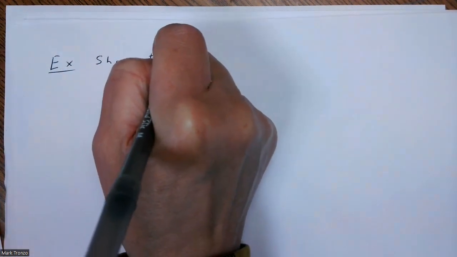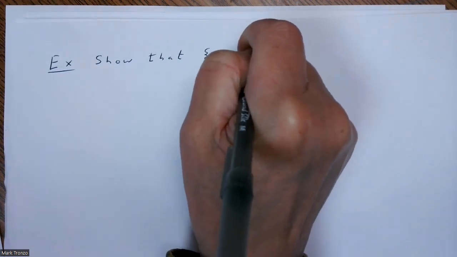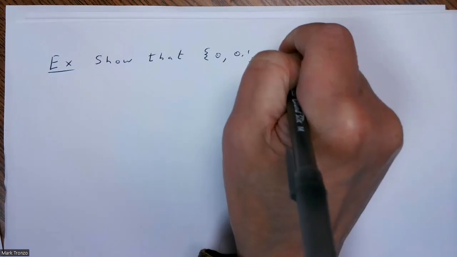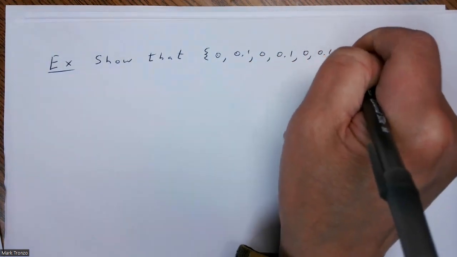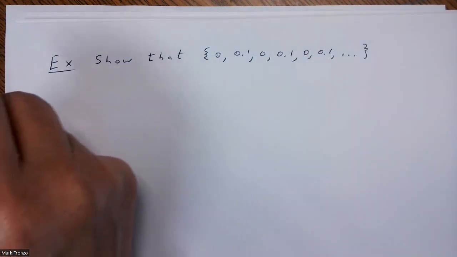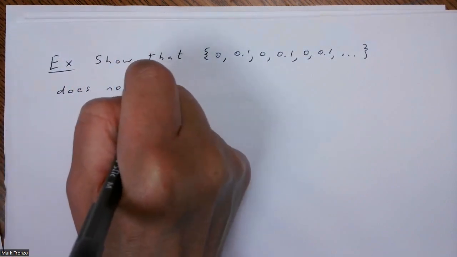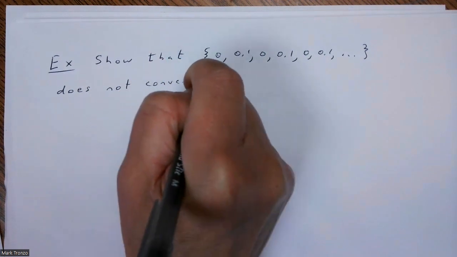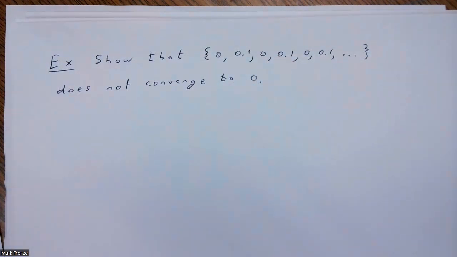So consider this example. Show that this sequence, and that pattern goes on forever, 0, 0.1, 0, 0.1, does not converge to 0.